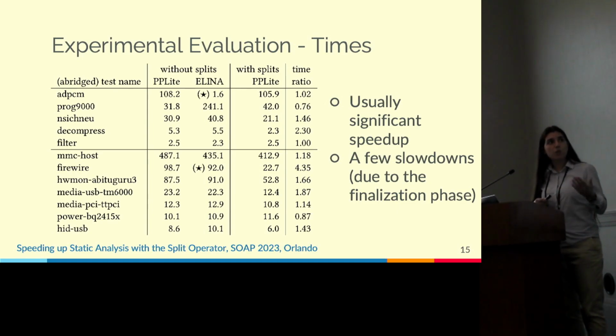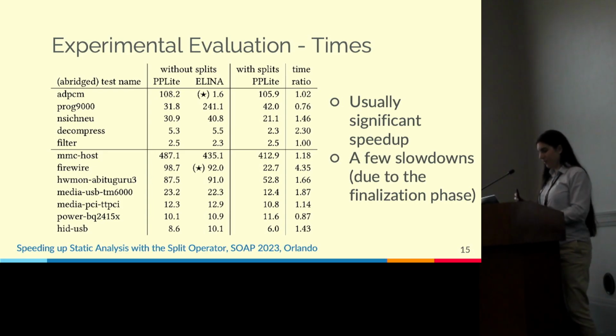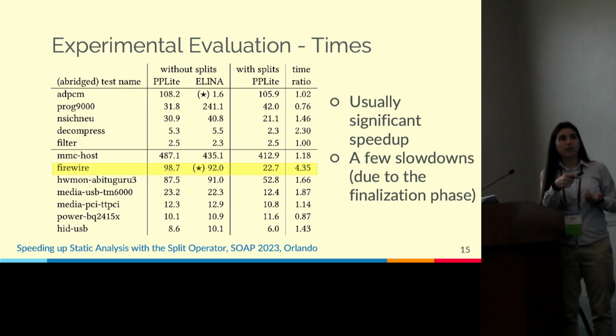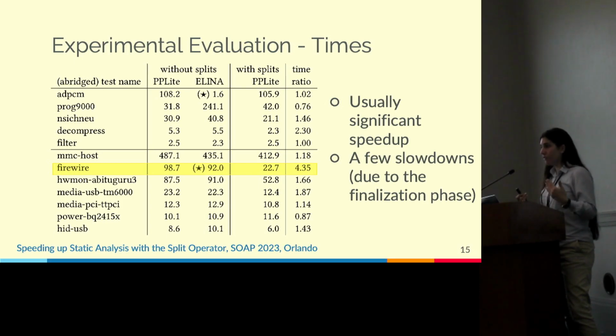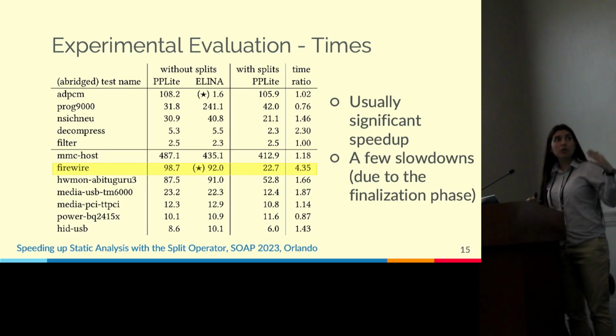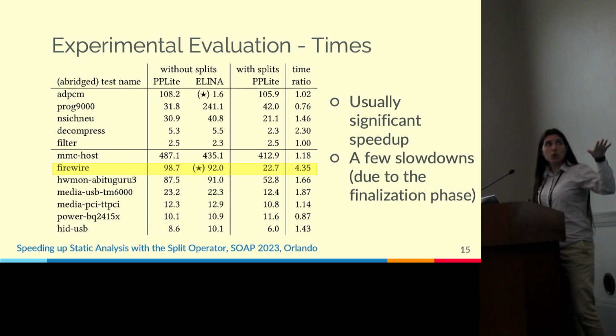And as we can see, in the last column we usually have significant speedups, with some peaks in which we are up to 4 times faster with respect to the implementation without the split operator.